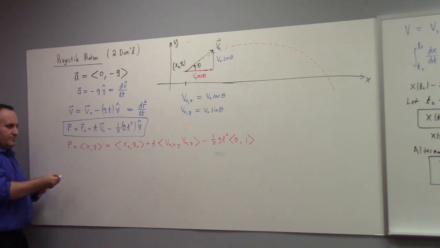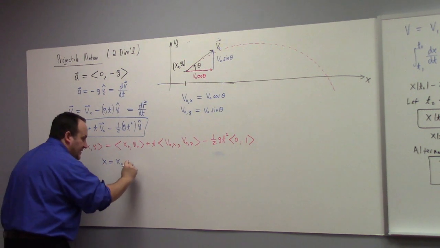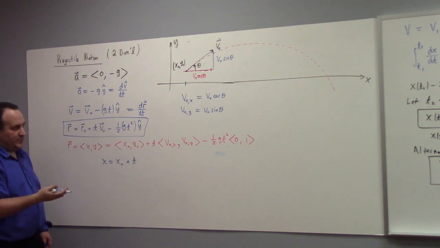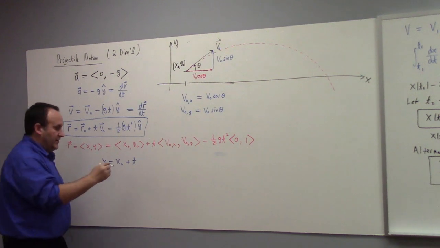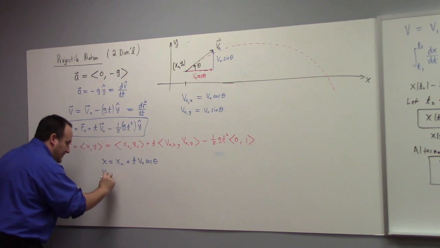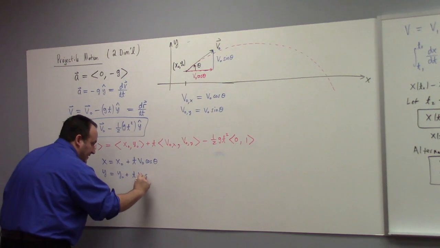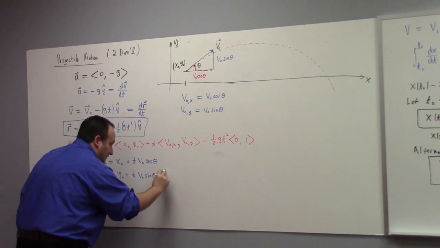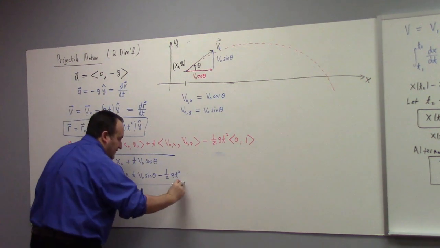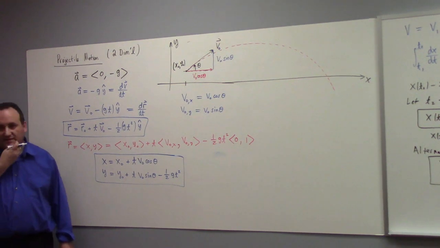And so from that, you see we get x is equal to x0 plus t times v0x, right? But if you don't mind, I'm just going to get to the point here. What is v0x? It's v0 cosine theta, right? And what's my y equal to? Well, it's equal to the initial y plus t times v0 sine theta minus 1/2 gt squared. And so there you go. These are the kinematic equations for projectile motion.